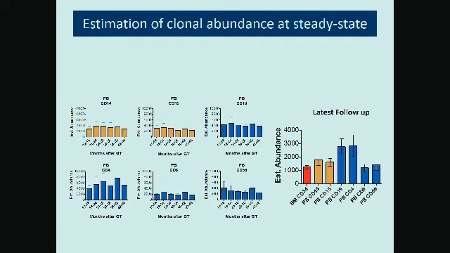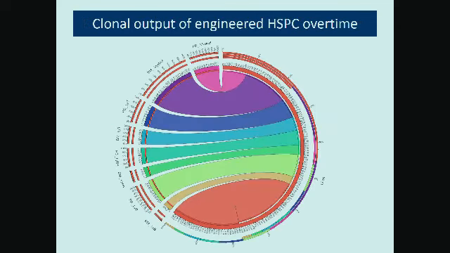And this provided us the first tool to estimate how many clones were composing the engineered hematopoietic system. The general take-home message here is that after 1 year, only a few thousand clones seem responsible for the production of the whole hematopoietic system, out of the millions of cells that are infused into the patients. And this actually was consistent with the data that were collected both in murine models and in non-human primates.